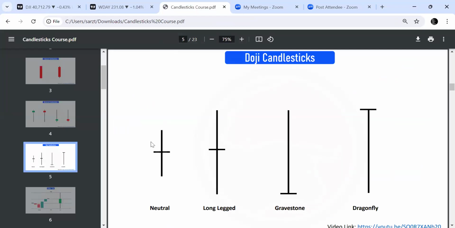This pattern indicates that neither buyers nor sellers were able to gain control, leading to neutrality. The doji is often a sign of neutrality.